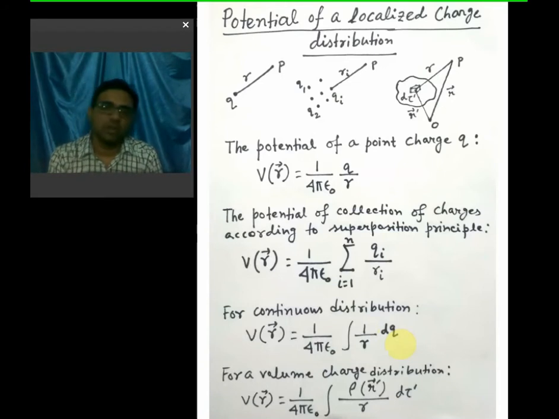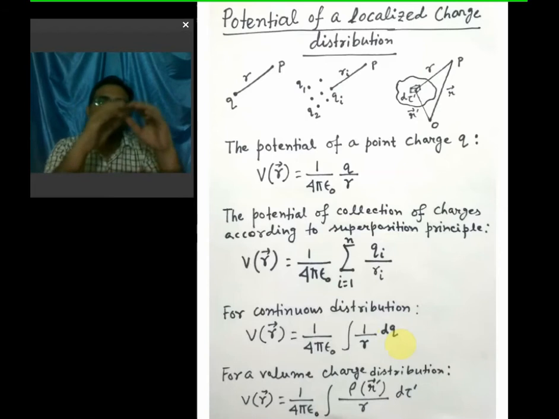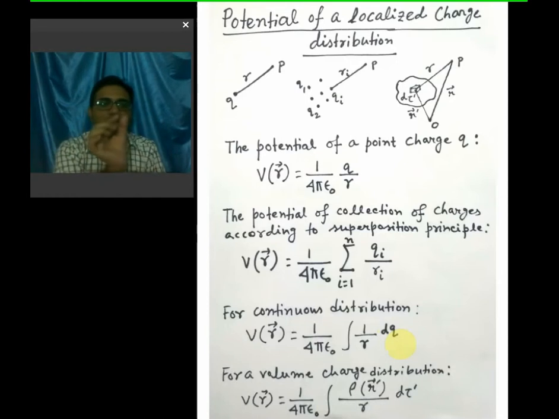If it is a volume charge distribution, then the elemental charge dq will be inside this volume. If it is a line charge distribution, then it will be a small elemental length having charge dq. If it is a surface charge distribution, then we have to consider an elemental surface area having the elemental charge dq.